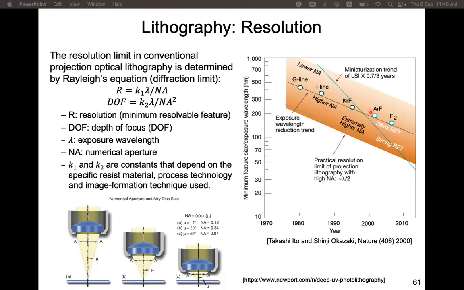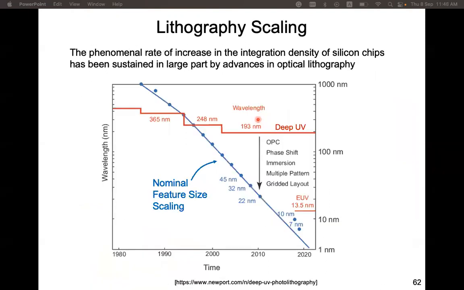So if the resolution is about what? Let me show you this slide. The refinement of a transistor's size has been enabled by the advancement of photolithography technology.